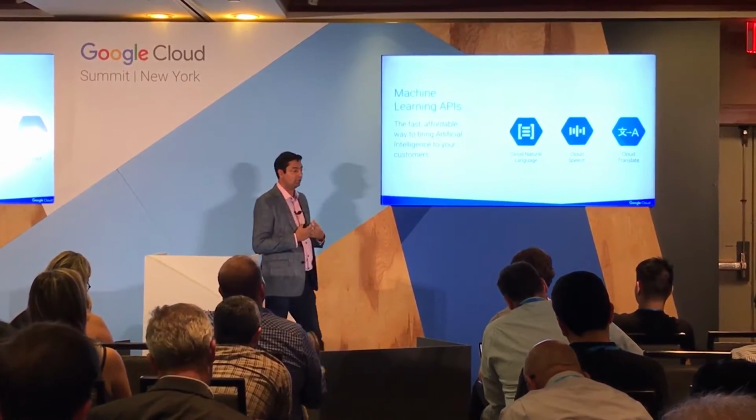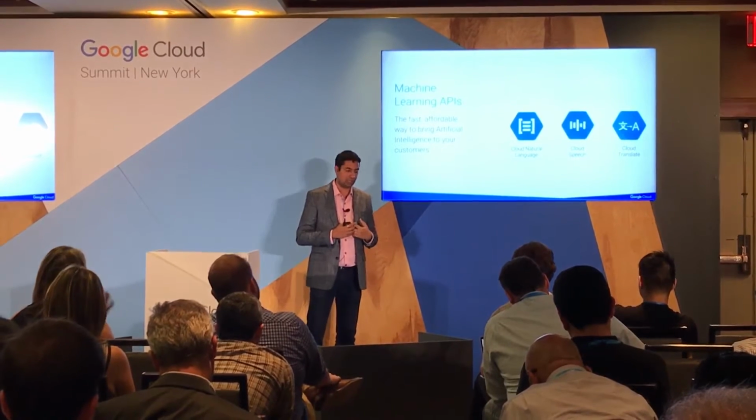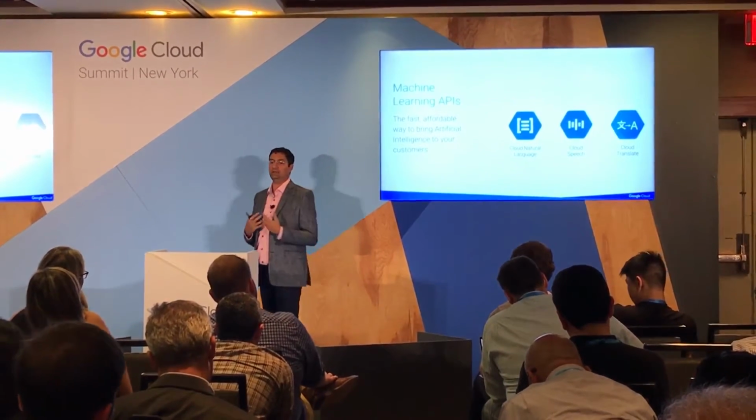This is readily available today. You can integrate this into your applications. It has been trained on large-scale data that Google has, and it's just a matter of being able to integrate with JSON files, correct? So any app developer without any background in machine learning can help you get started in this journey.